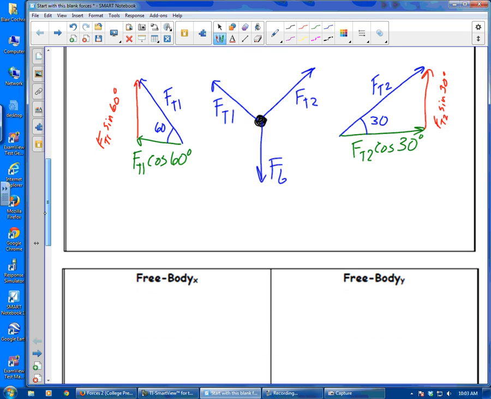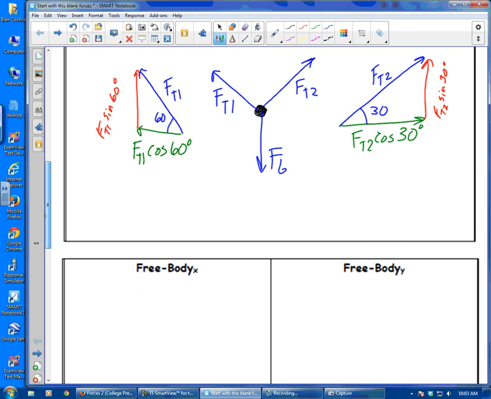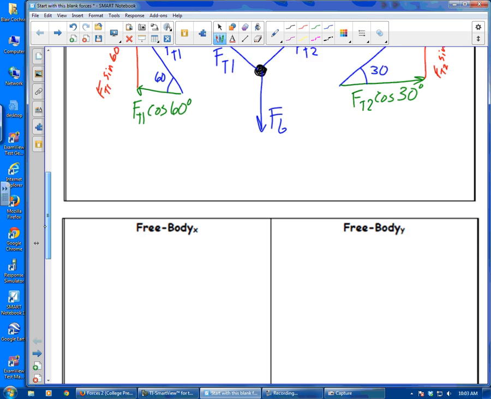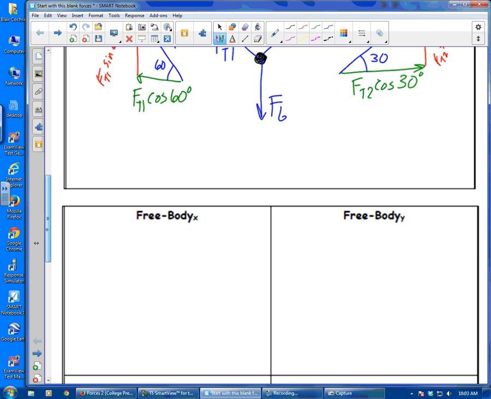Alright, so I've broken that into X and Y, and now I just need to record that down here. Try to zoom down a little bit. And so horizontally, I have 2 forces. Of course, my acceleration in all of these cases is 0. This way I've got FT1 cosine 60 degrees.